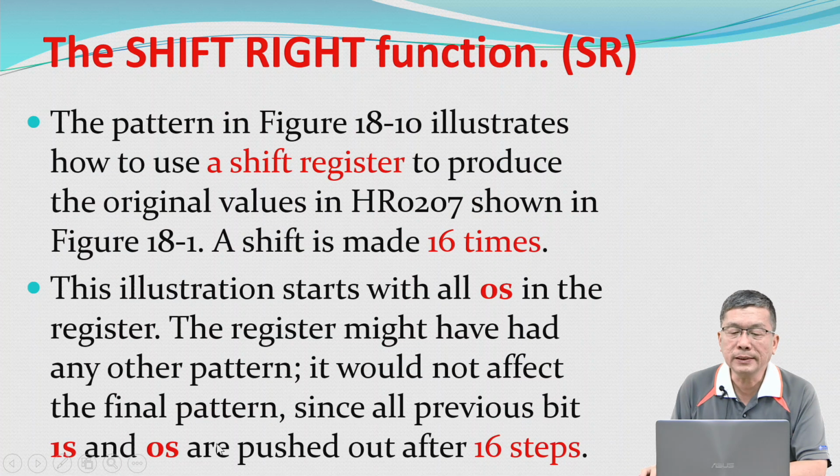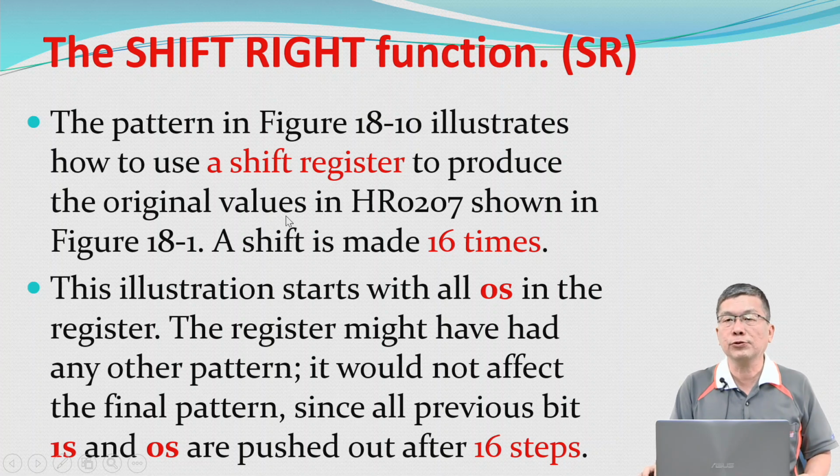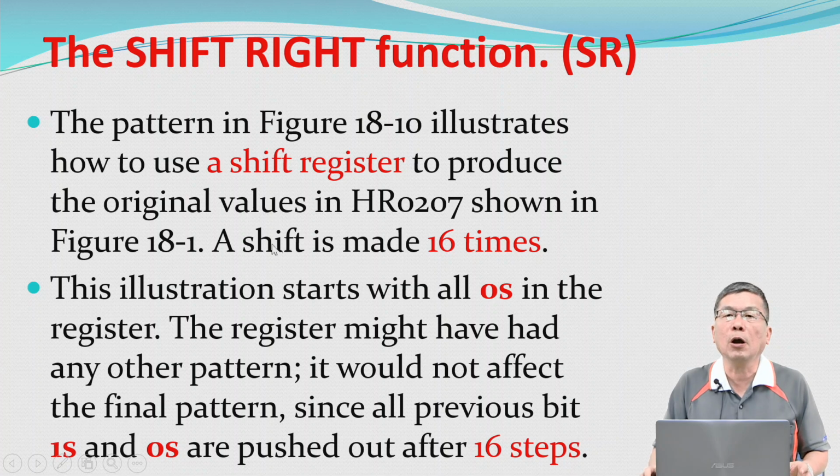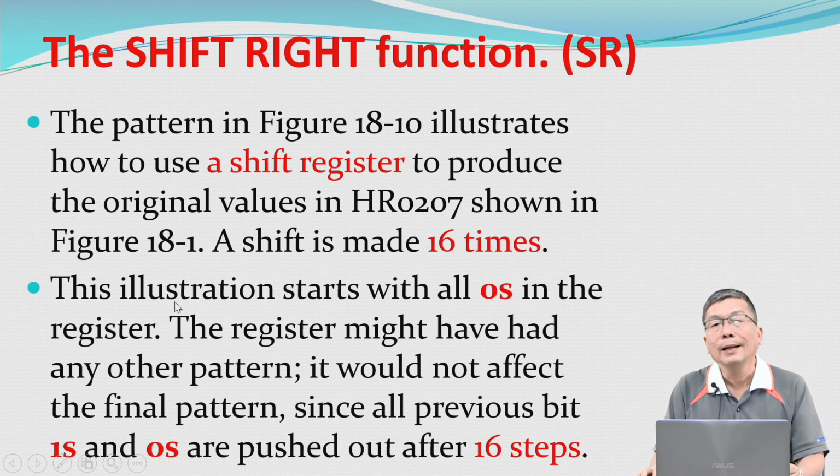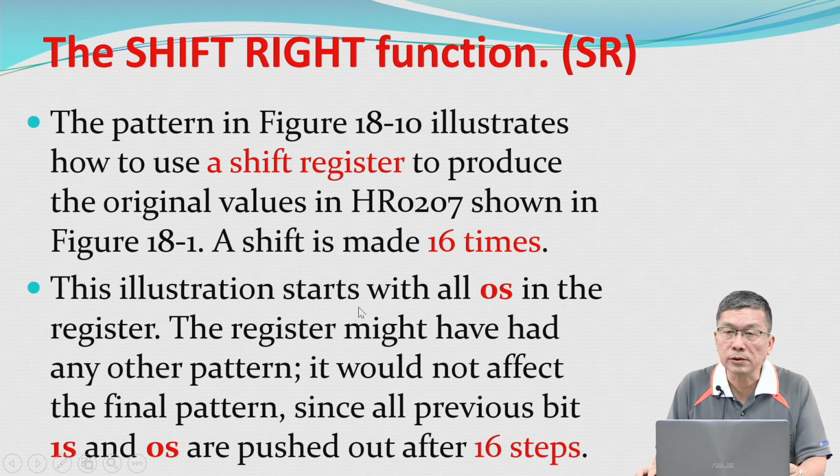The pattern in figure 18.10 illustrates how to use a shift register to produce the original values in holding register 207 shown in figure 18.1. A shift is made 16 times. This illustration starts with all zeros in the register.